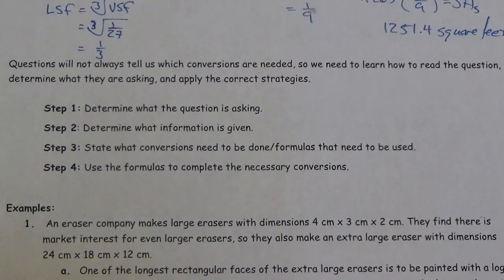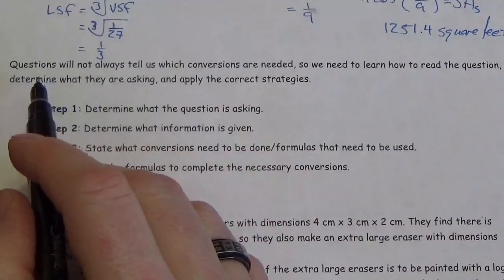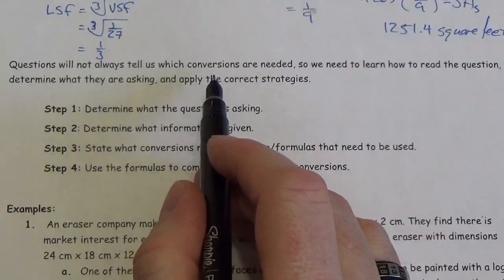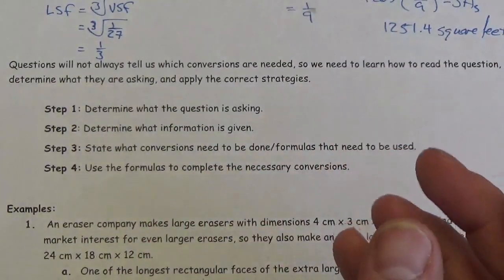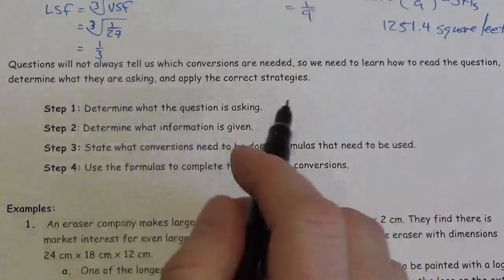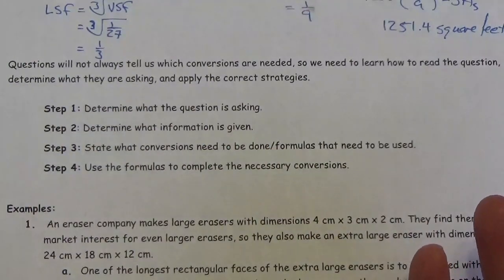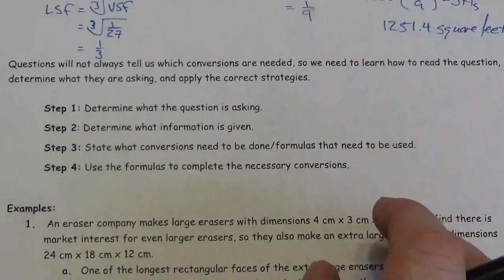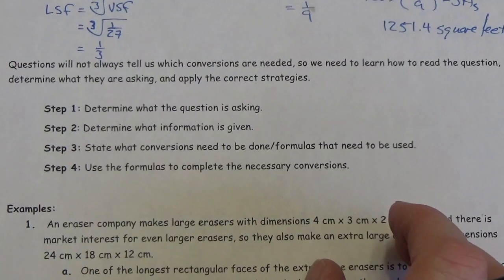Okay, so before we get into the next question, let's just read this little note here. Questions will not always tell us which conversions are needed, so you're going to have to learn how to read the question to determine what they're asking. This is an important skill across all of math when it comes to solving problems. And it's not easy, so if you struggle with it, I don't want you to feel bad about it.